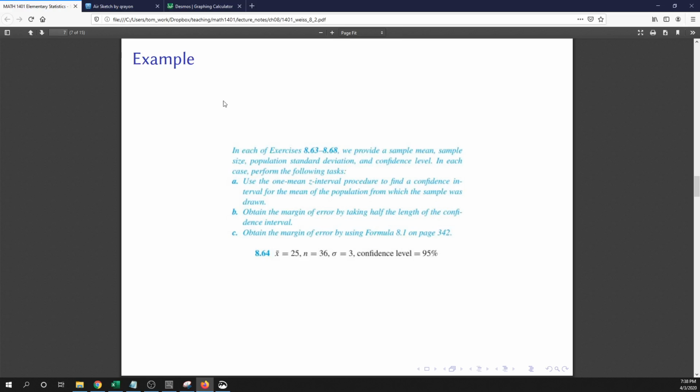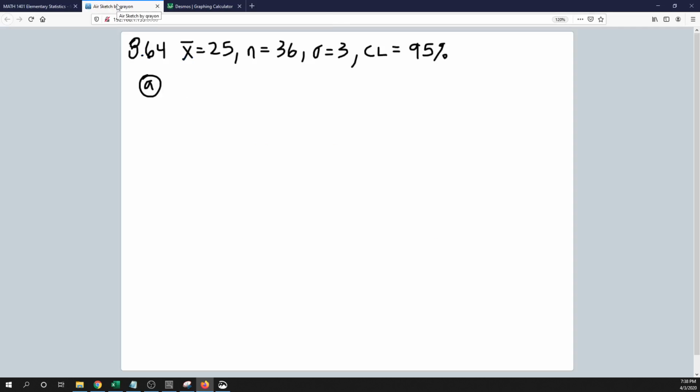We are constructing a confidence interval. Okay, so we know that the confidence interval is going to have this form for the lower limit and x bar plus z of alpha over 2 times sigma divided by square root n.